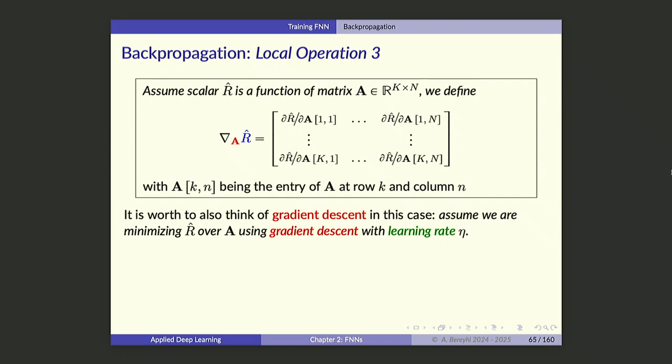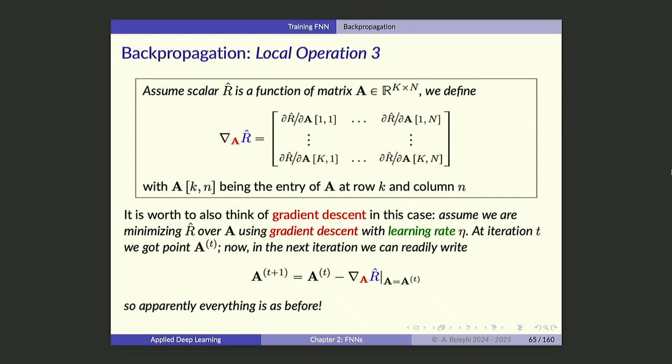Okay, this is just one extra argument that I put here. So if you think of optimizing in terms of A, basically what you're going to do, if you are doing gradient descent, is start with one A, compute the gradient with respect to A, subtract it, and keep on doing it. So you can always think of any mathematical object inside your gradient descent, inside your backpropagation.